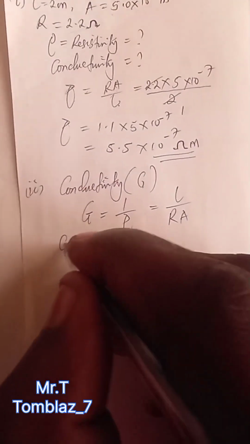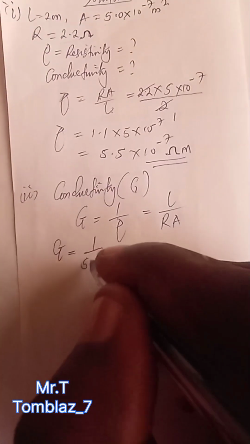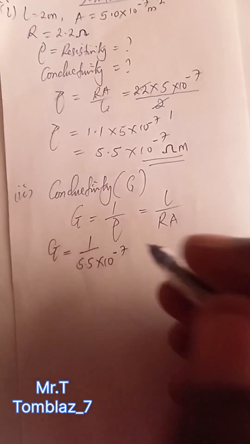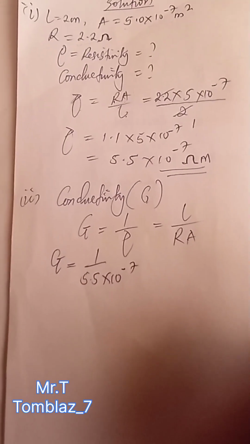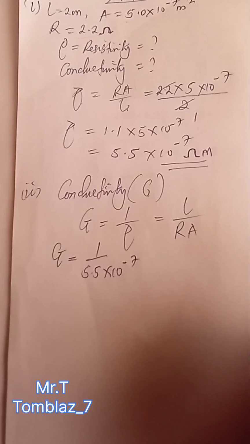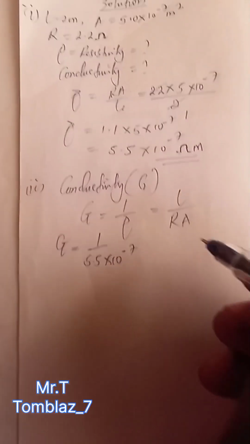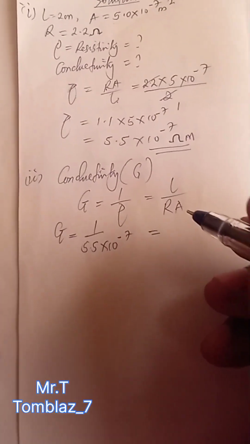So our conductivity is 1 over 5.5 times 10 raised to the minus 7, right? So if we do that, what is our value going to be? Let's divide now, 1 divided by that value.